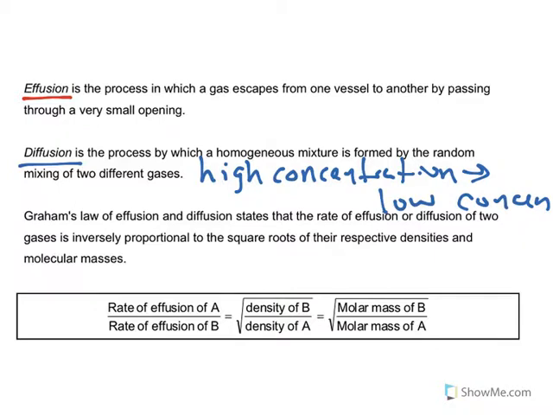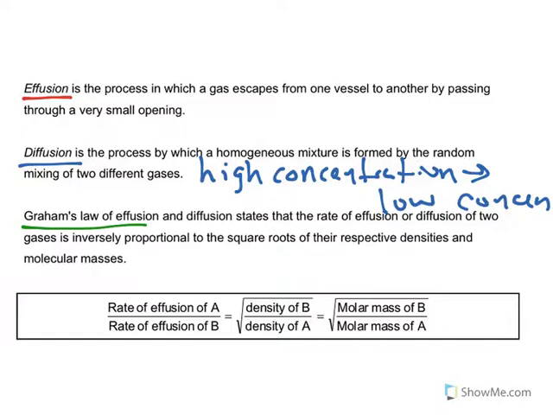But in all reality, diffusion is simply the mixing of two gases. So there is another law called Graham's law of effusion and diffusion that gives a mathematical formula for the rate of effusion between two particles.